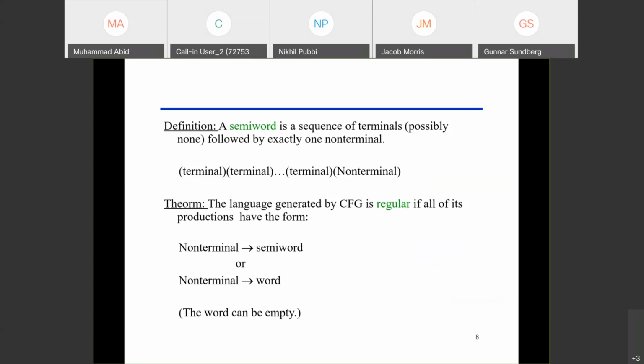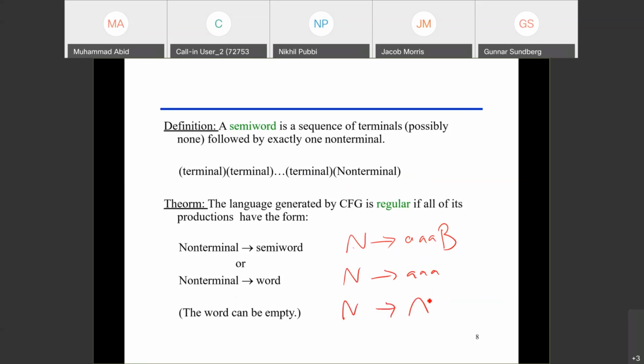If you have a grammar and all of its production rules are in this format, either you have a semi-word, or just a word. Semi-word means something like this. All of your production rules can also have lambda.